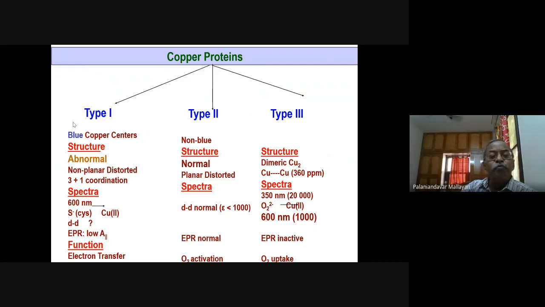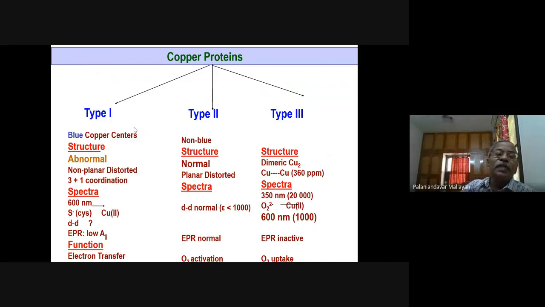They have a type 1 site also, and a type 3 site also. So all of them, or most of them, are called multi-site copper enzymes. Copper enzymes are a little bit complicated in the sense that all these types are involved.